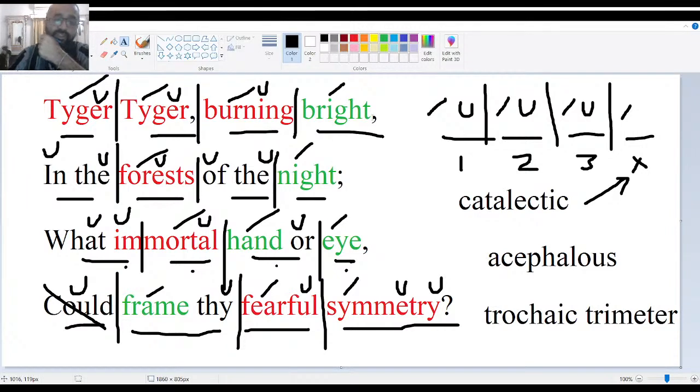And there are other variations as well. For example, in the second line, the first foot is a pyrrhic. I'll highlight the variations in each line. So you have no variations as such in the first line apart from the catalectic, the incomplete foot at the end of the line.